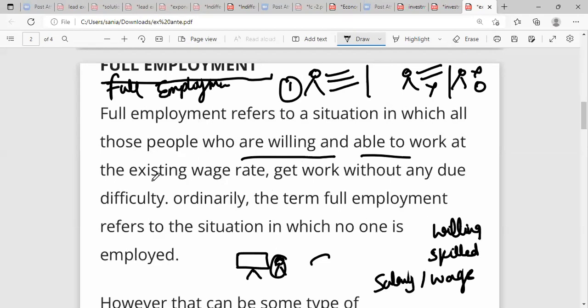And at the existing wage rate, they get work without any difficulty. So when the first group of people get work, that is full employment. Clear? Got the point, girls?